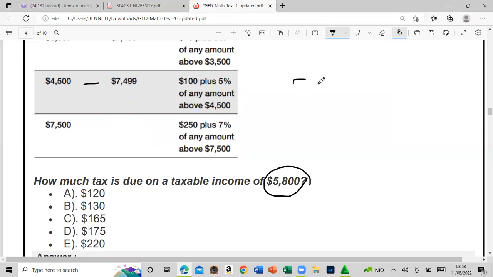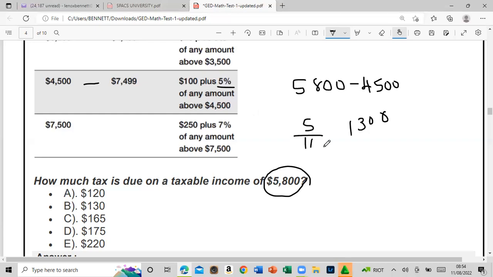So that would be 5.8 minus 4.5. So that's 1,300. And they say we must find 5% of the amount, so that's 5% of this plus 100.